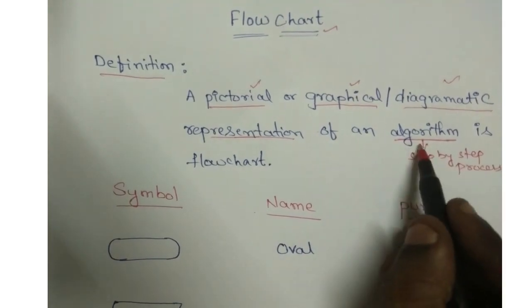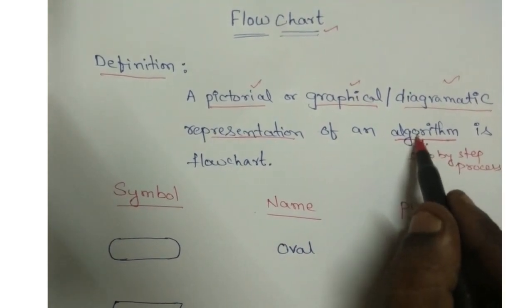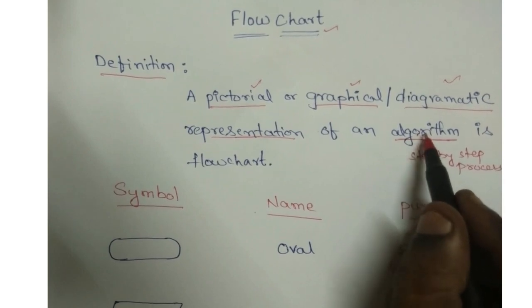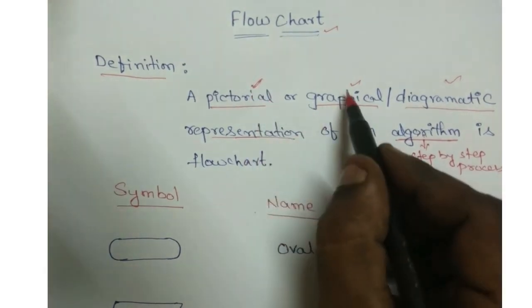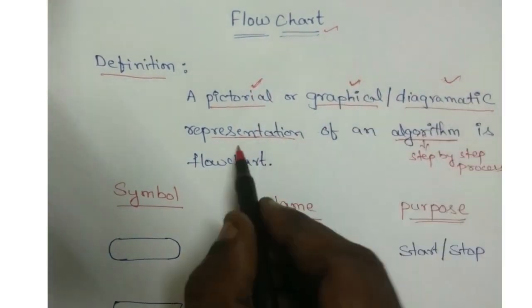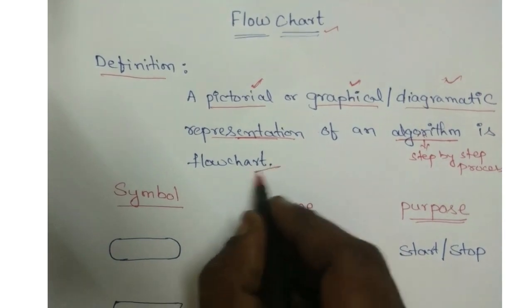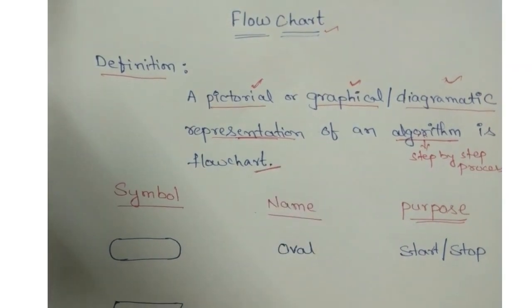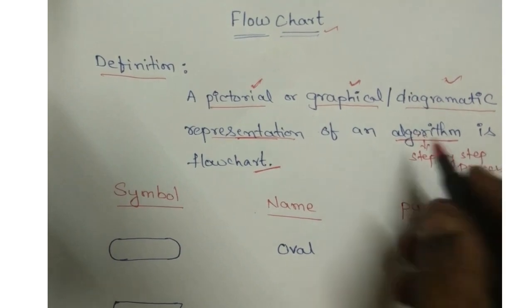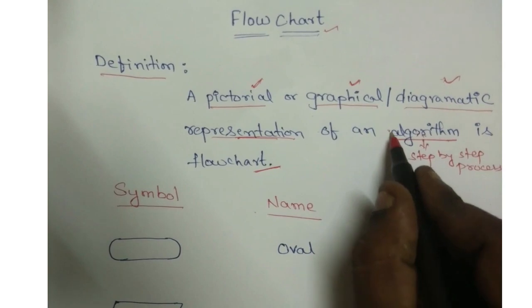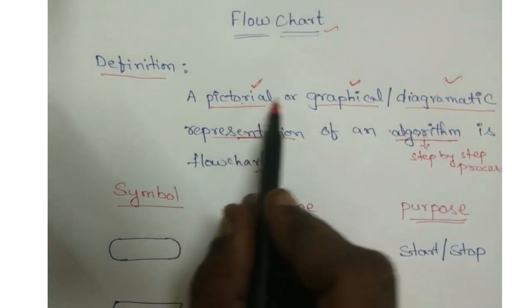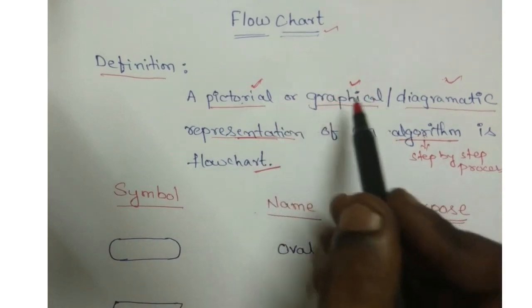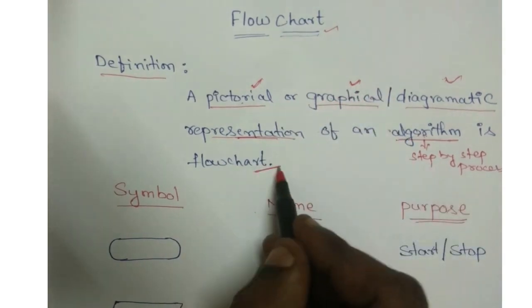Now you can represent this algorithm, this step-by-step process, as a pictorial, graphical, or diagrammatic representation, which is called a flowchart. I think the definition is clear.